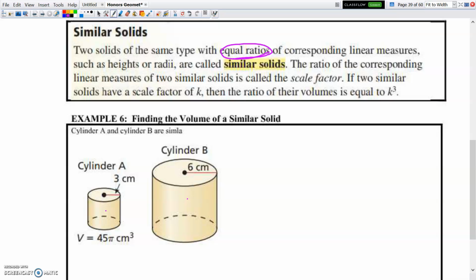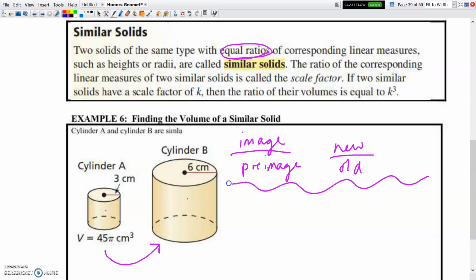So if we want to remember, we always do image over pre-image, or we thought of that as new over old. Now they're not telling us which is going to which. I'm going to assume that A is going to B, although it would work in reverse because it's just a proportion is how we set it up.